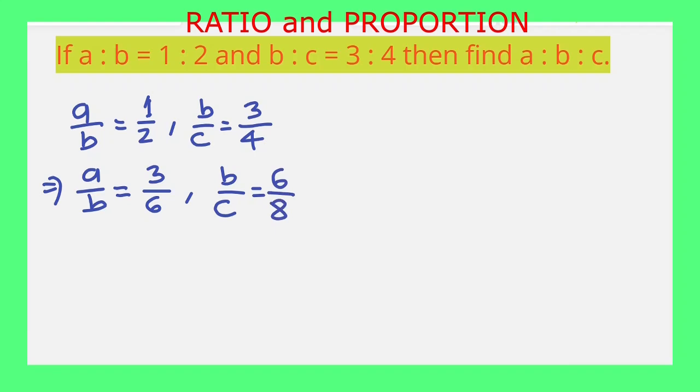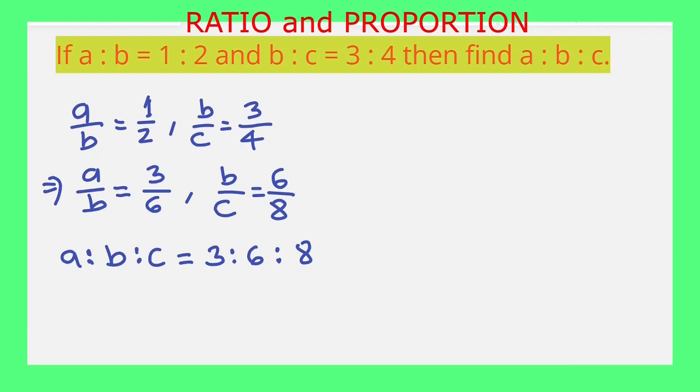Now B has the same value, 6, in both the ratios. So the value of A is 3, B is 6, and C is 8. So A ratio B ratio C equals 3 ratio 6 ratio 8.